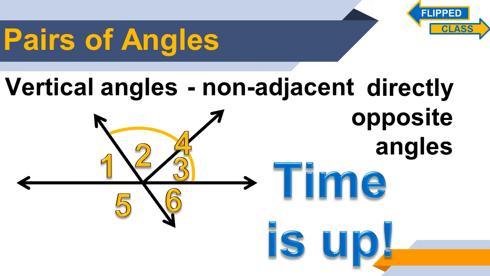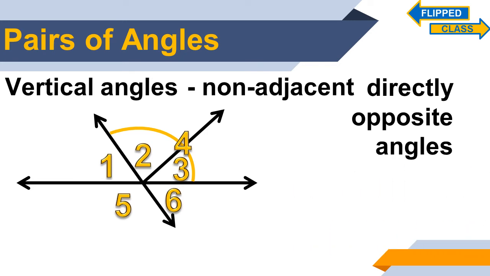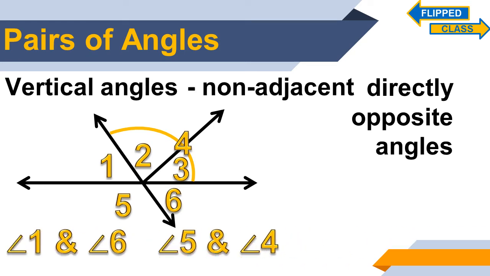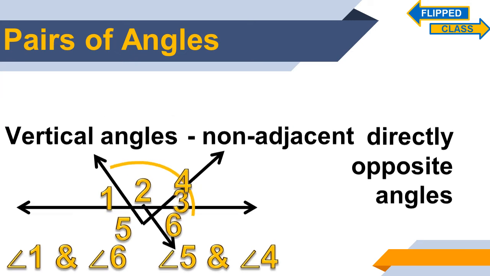Time is up. May I know what are the vertical angles here? The first pair of vertical angles you see is actually the pair of angles 1 and angle 6. They are non-adjacent and directly opposite. At the same time, we have angle 4, the bigger one, and angle 5.